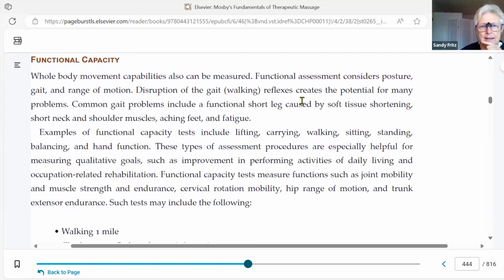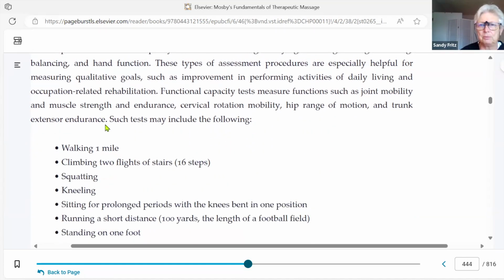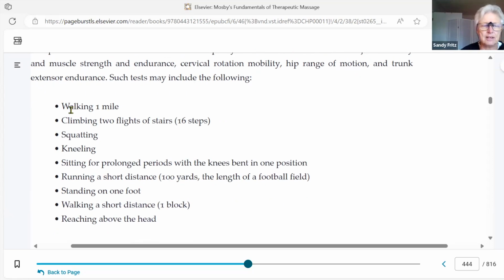Functional capacity, I think, is a more insightful assessment. What can you do or not do, or what are you struggling with to do right now, and you want to improve that function. So this has to do with being able to do something.